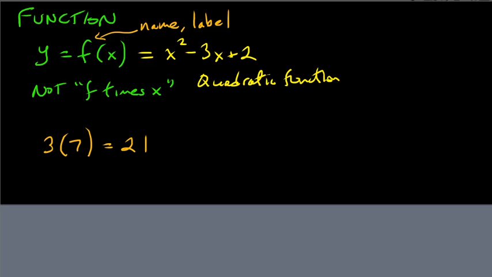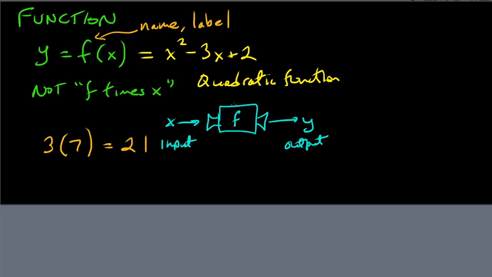One way to think of a function is as an operation. You have a function f, and it takes a number x as the input, and then the number y would be the output. So you have an input x and then an output y. For this particular function, let's say the input is x equals 5. How would you calculate y?